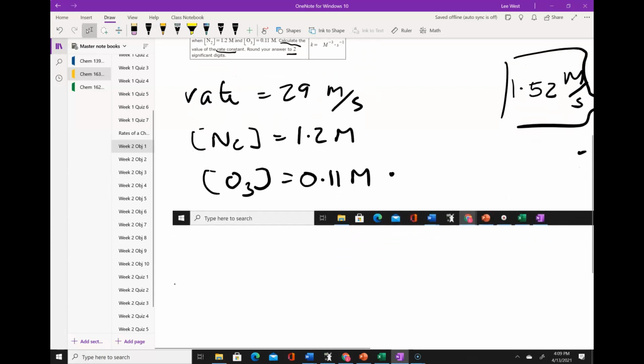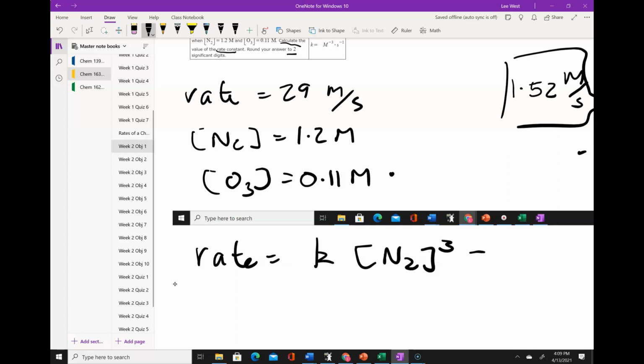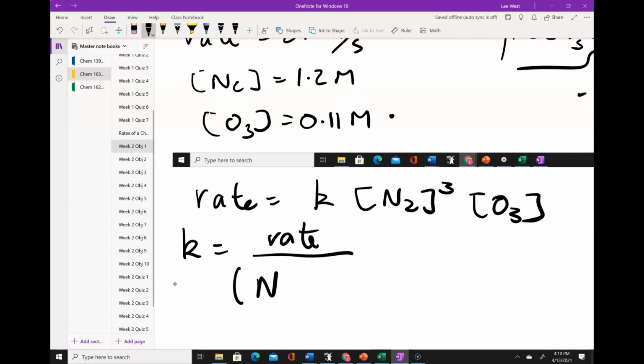So that's cool. So what do we know? Rate equals K times the concentration of N2 to the 3 times the concentration of O3. So then K is simply the rate divided by the concentration of N2 cubed multiplied by the concentration of O3.